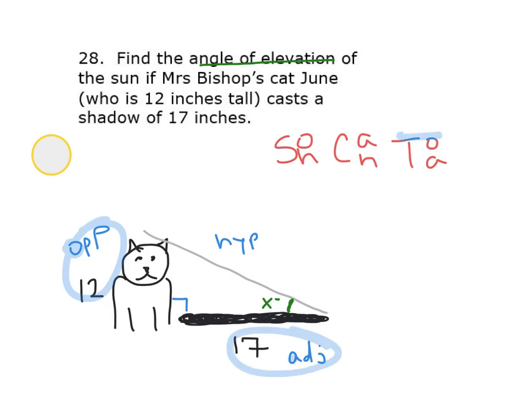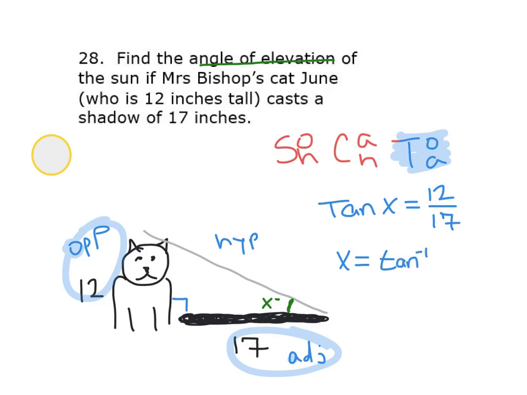O and A would be tangent. And because we're looking for the angle, this is where we use our inverse. So tangent of whatever x is equal to 12 over 17. So when we type this in our calculator, our value of x is going to be the inverse of tangent.